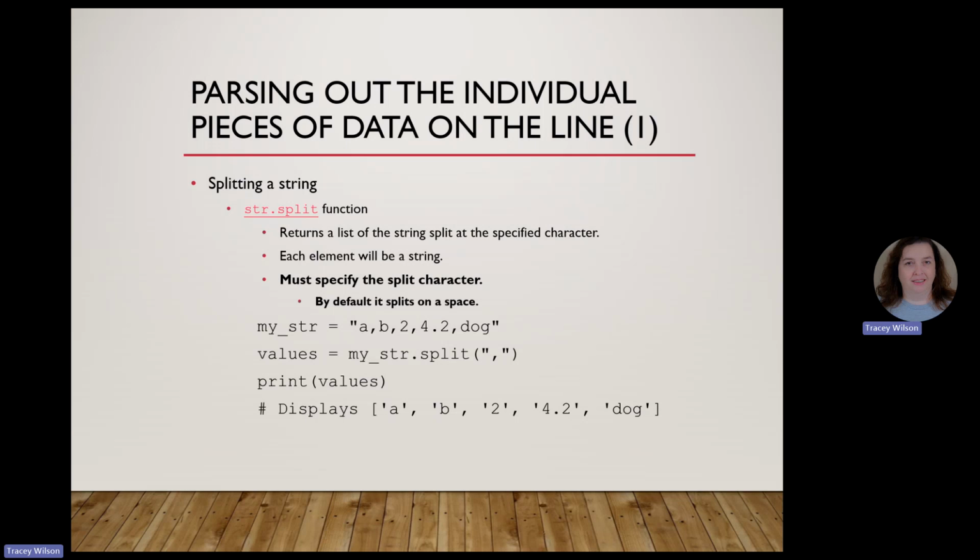So if the string is A, comma, B, comma, 2, comma, 4.2, comma, dog, I have 5 pieces of information on that line. And let's say I only need one of them. To be able to access it easier, I'm going to convert it to a list.